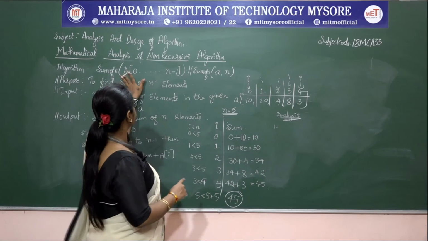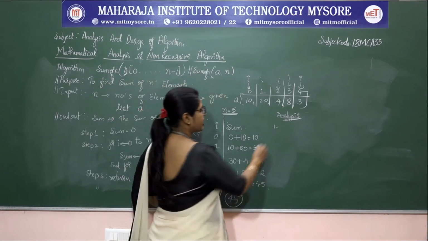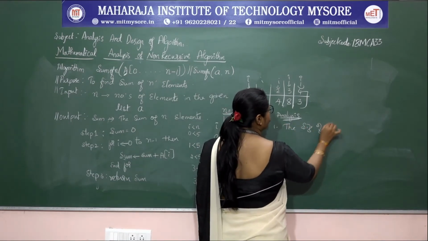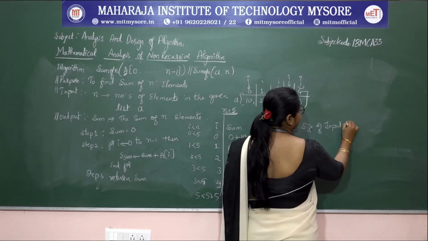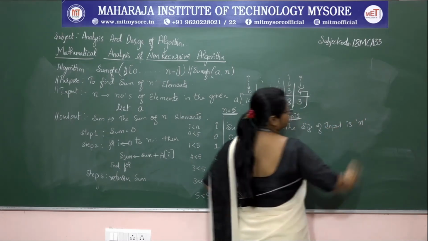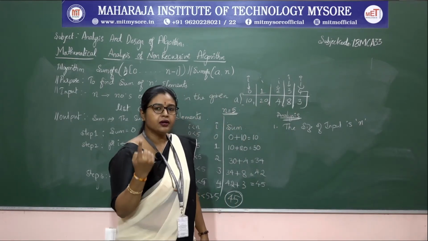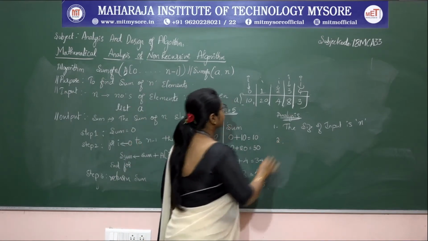The input, that is a of how many numbers? n numbers. The size of the input is n. So we have only one input, that is the number of elements, n. Next, do you have any other inputs here?